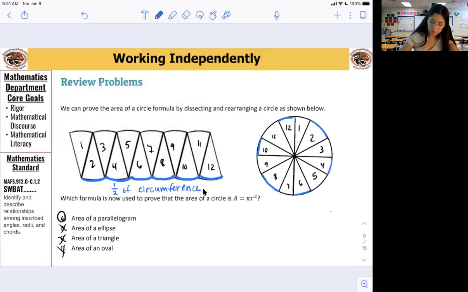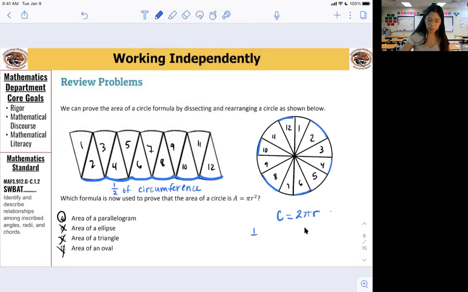Well, what's the circumference of a circle again? What's the formula, please? Formula for circumference. Circumference is 2 pi r.